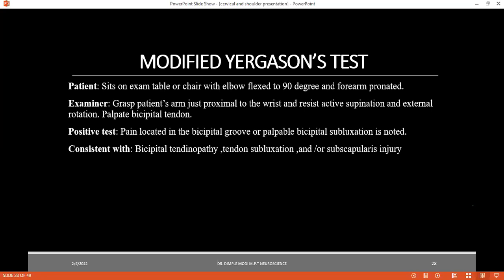If there is pain in the bicipital groove and there is a subluxation also, it shows there is a bicipital tendinopathy or tendon subluxation or any subscapularis injury.